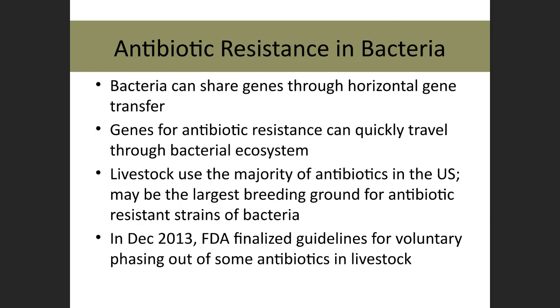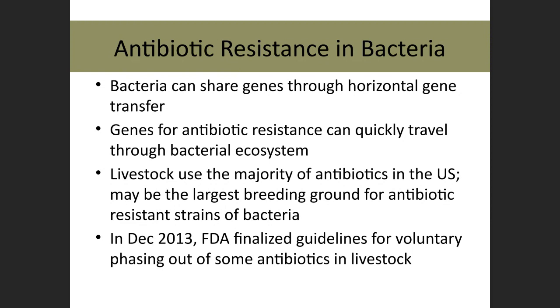In the United States, most of the antibiotic use is actually in livestock. The FDA has put in some voluntary guidelines for phasing out antibiotic usage, but it's cows that are bred with antibiotics as part of their regular diet.